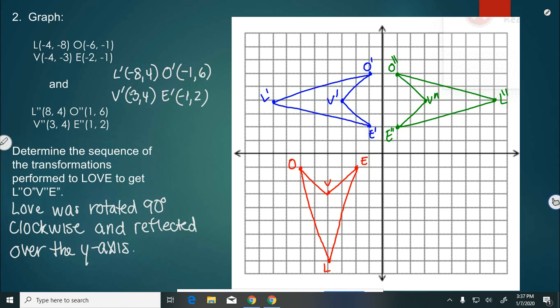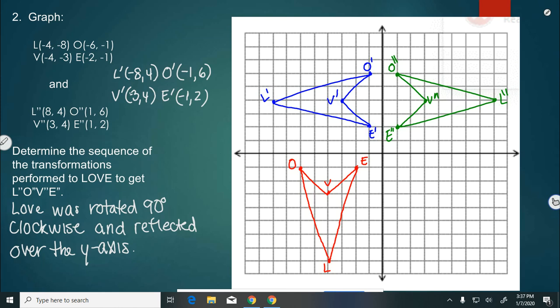Okay, so we could have done this in different ways. We could have reflected first and then rotated. We could have reflected over the y-axis and rotated 90 degrees counterclockwise. We could have rotated 90 degrees clockwise and then reflected over the x. Either set would result in the same exact shape, which proves that those two shapes are in fact congruent because we can bring one to the other through a series of rotations, translations, or reflections, not a dilation.